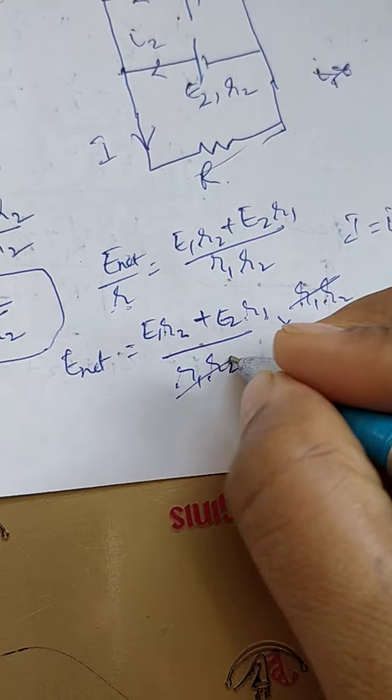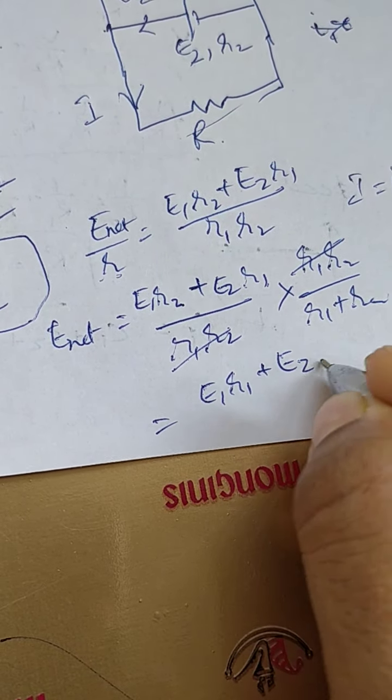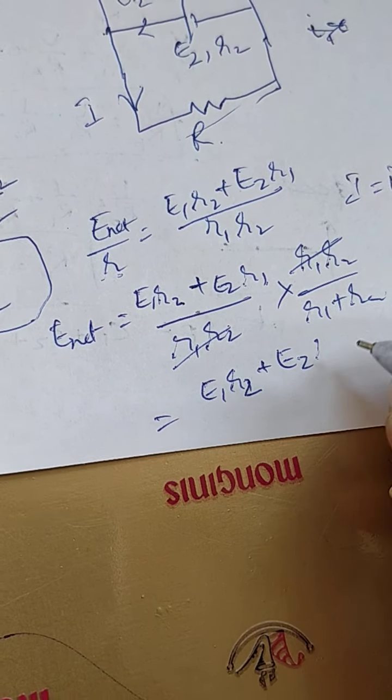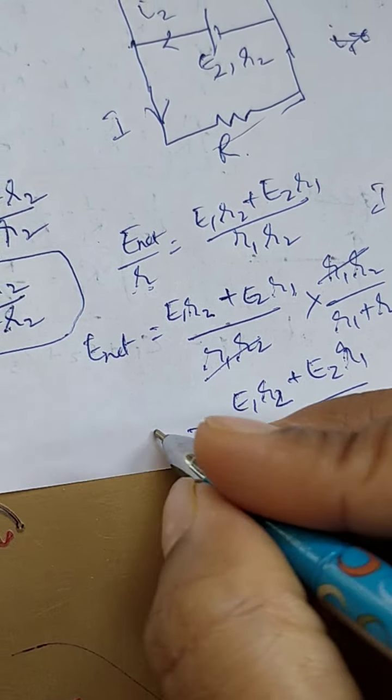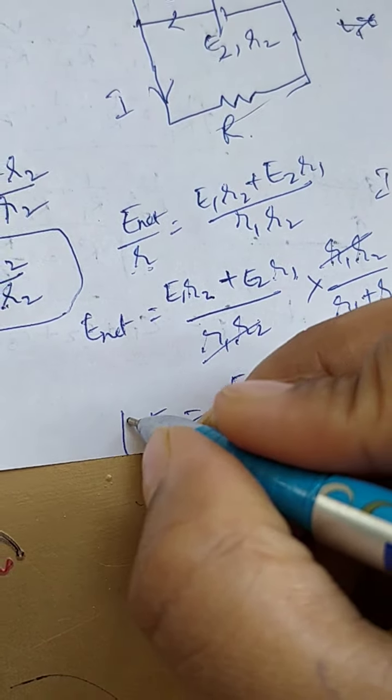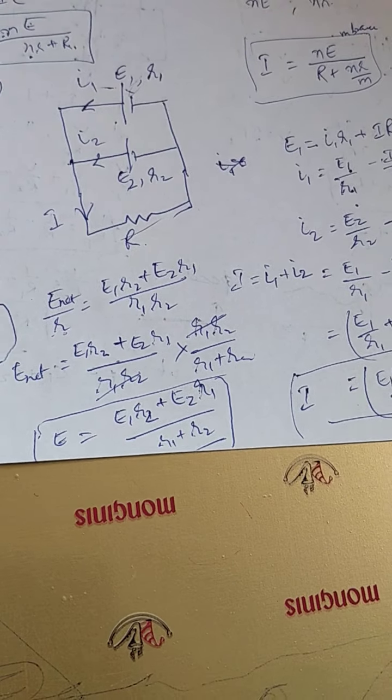So this and this cancel, and what you get is E1 r2 plus E2 r1 upon r1 plus r2. This is the net EMF when you have two unidentical cells connected in parallel.